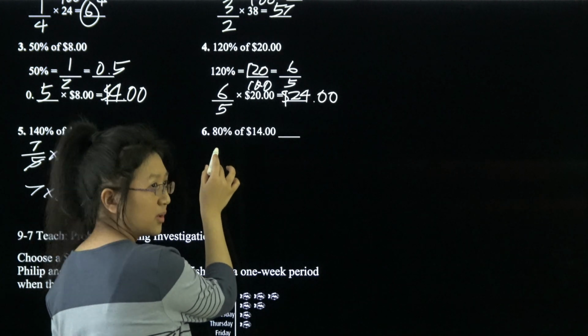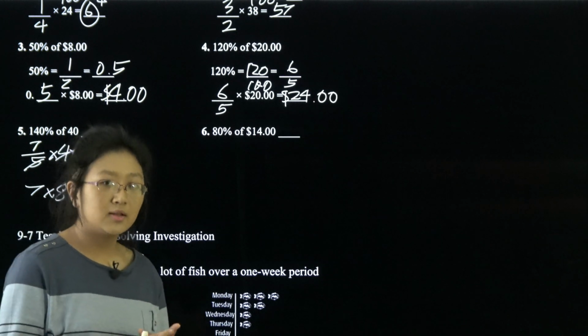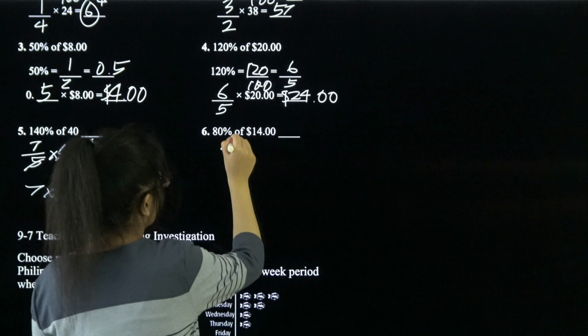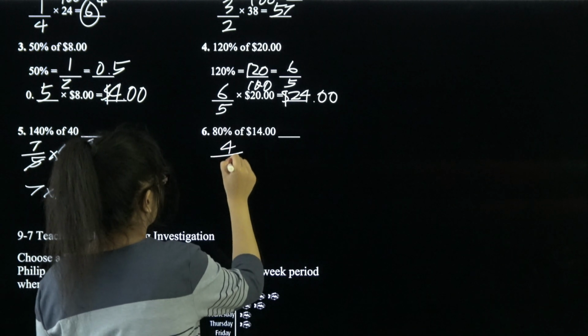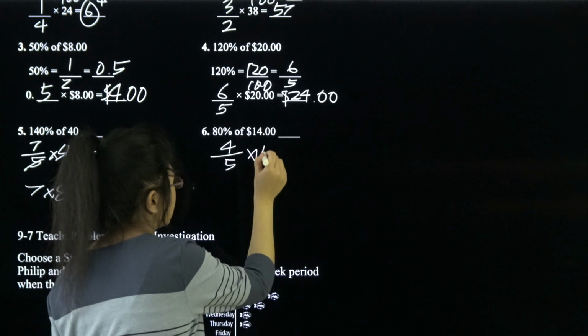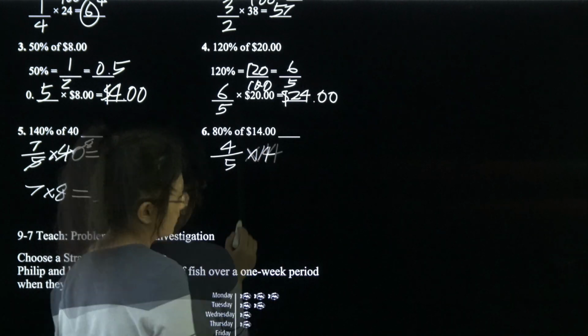So then the next one we have is 80% of 14. 80%, we know this, we've done this so many times, is equivalent to 4 over 5 of 14, which has no dollar sign, so we just write 14.